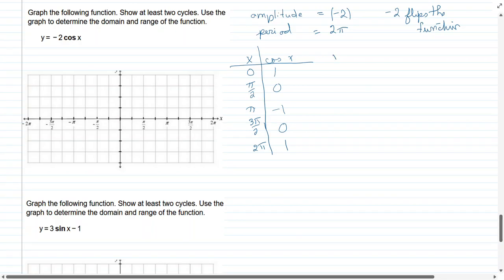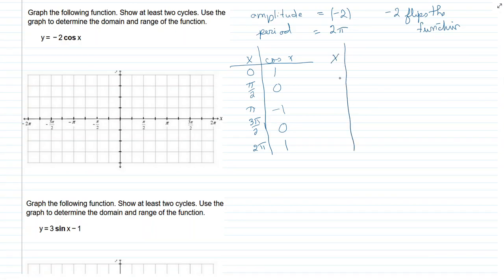But what we want is the same values, but we want negative 2 cosine x. So we're going to be multiplying everything by that negative 2. So I'll have 0, pi halves, pi, 3 pi halves, and 2 pi.